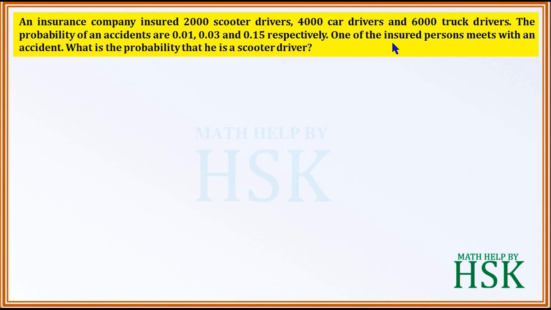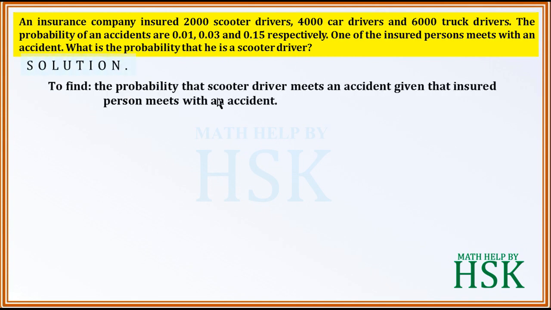So there is an event which has occurred, and we have to find the probability that he is a scooter driver. So to solve this question, we have to find the probability that the scooter driver meets an accident, given that the insured person meets with an accident.